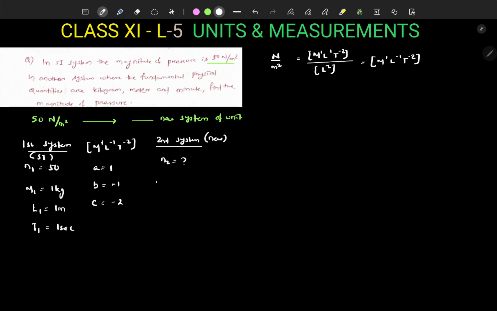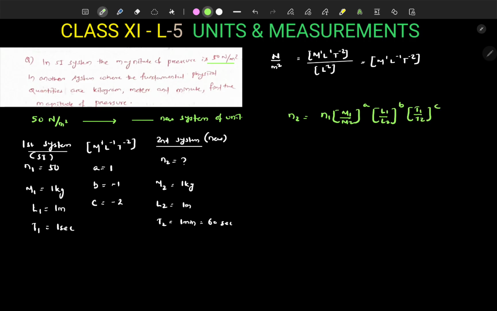In the new system, M2 is equal to 1 kilogram, L2 is equal to 1 meter, and T2 is equal to 1 minute, that means 60 seconds. By using the working formula, N2 is equal to N1 into M1 by M2 power A, then L1 by L2 power B, and T1 by T2 power C.